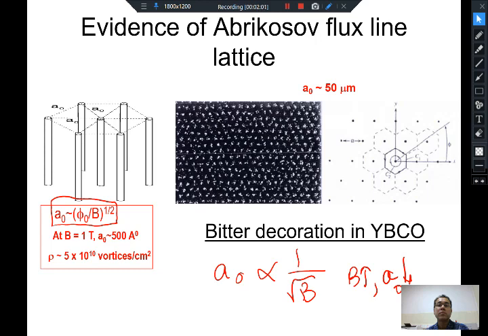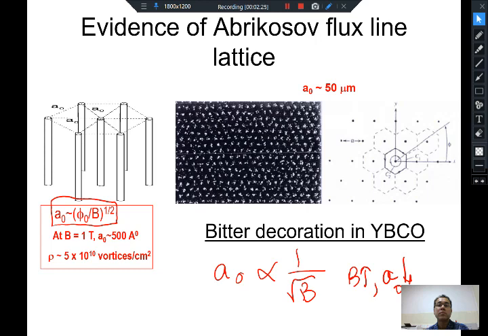Because you know that even if you have a periodic structure of atoms, you can use X-rays for diffracting from this periodic structure and seeing the diffraction pattern and then making out information about the lattice of these atoms which are present. So can you use something like X-ray, because you have a pattern of vortices, these normal regions which are embedded in the superconductor with a particular order. There are lattice planes associated with it.